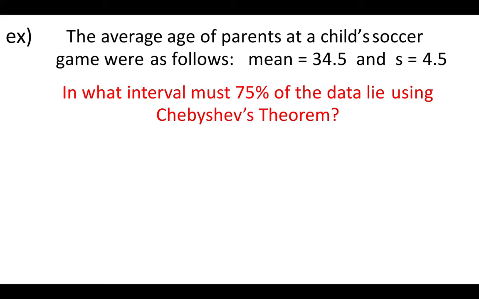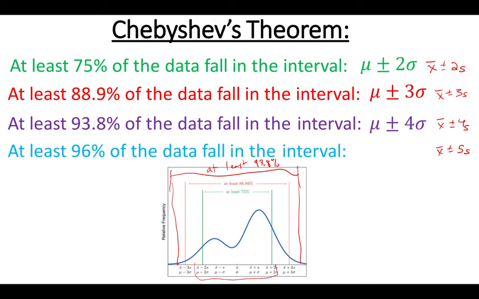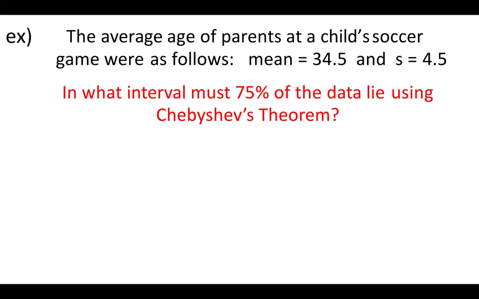So essentially, if we look back, 75% corresponds to 2 standard deviations. So all we're going to do is 34.5 minus 2 times our s, and 34.5 plus 2 times our s.